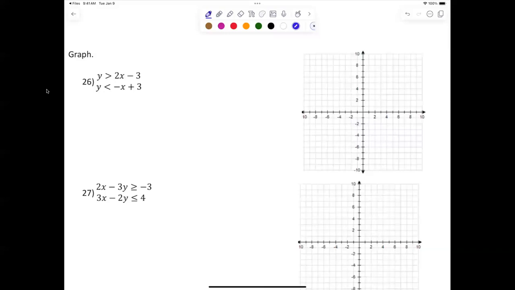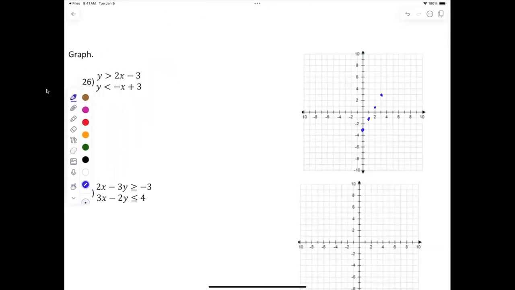How do I graph 26? The first thing I do is go what? Down 3. Thank you very much. Then from there, I go what? Up 2 over 1, up 2 over 1. What kind of line do I have here? Yes, I would definitely have a dotted line.